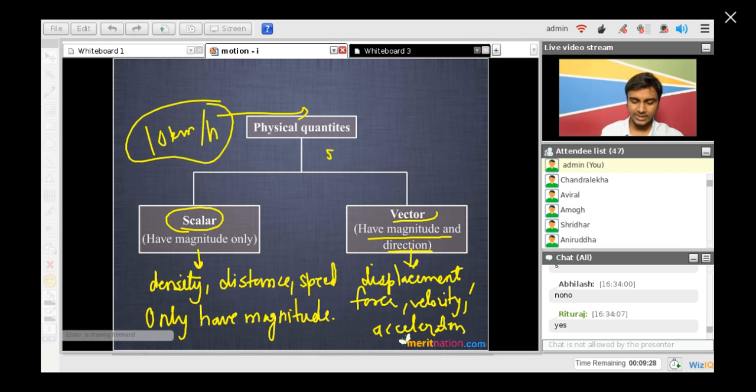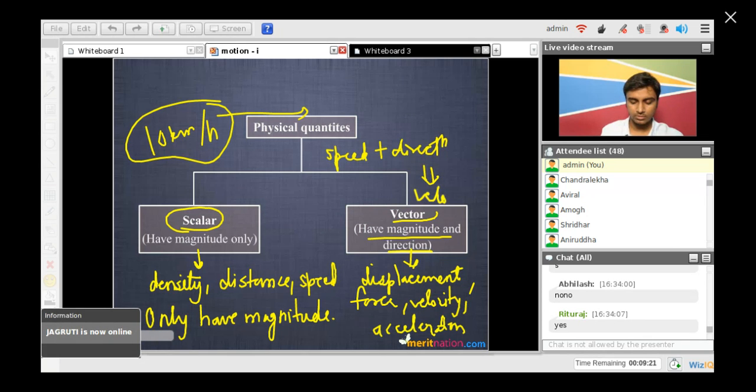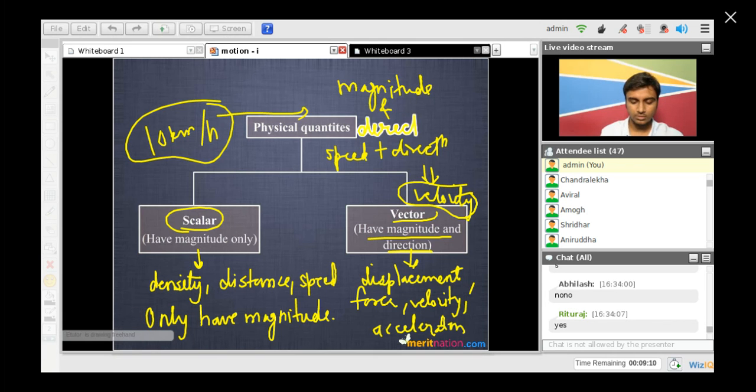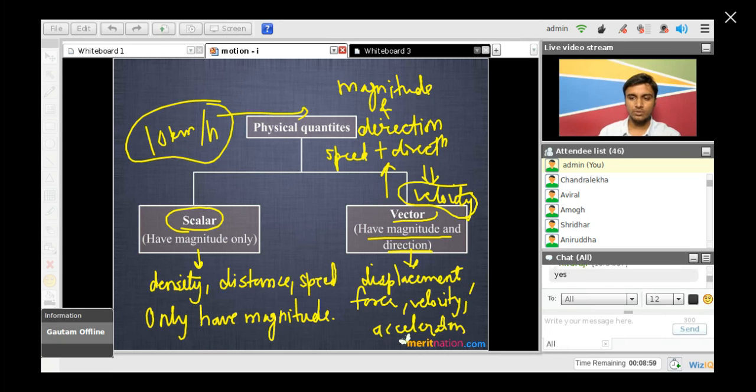When speed plus direction is provided, then it is called velocity. So velocity has two parts, magnitude and direction. Vector has two parts, magnitude and direction. Is it clear to every one of you?